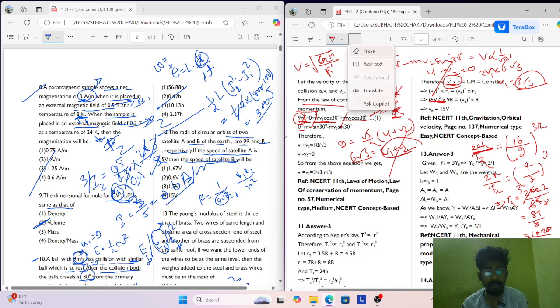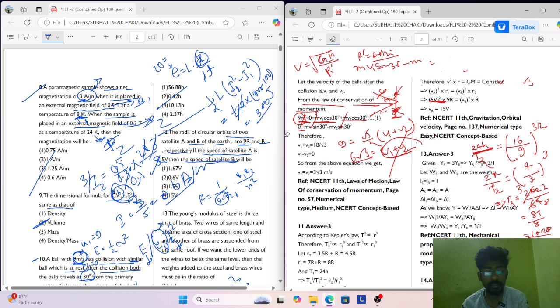Let me erase, just give me a second. 1 by root over r. So V1 by V2 will be equal to root over R2 by R1.